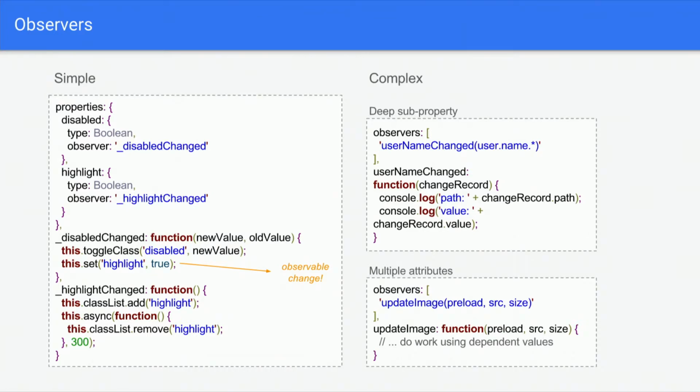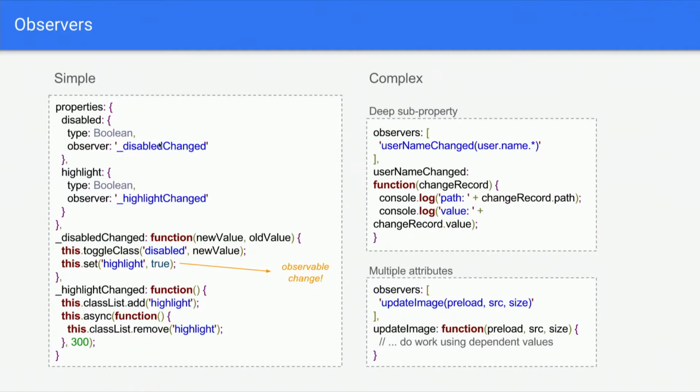Observers are perhaps like the blessing and the curse of what we've seen in Polymer so far. So you can create basically two kinds of observers for properties in Polymer. For example, we have here a disabled and a highlight property.